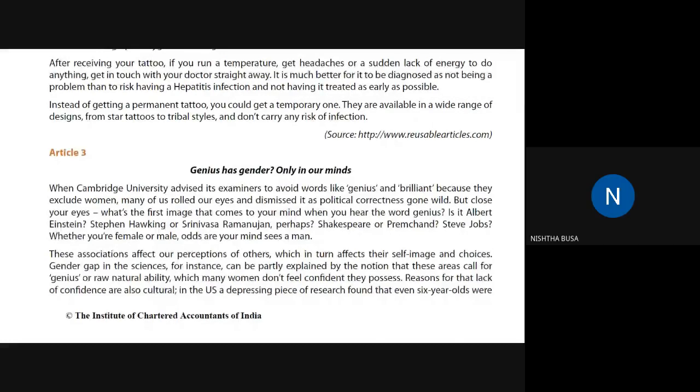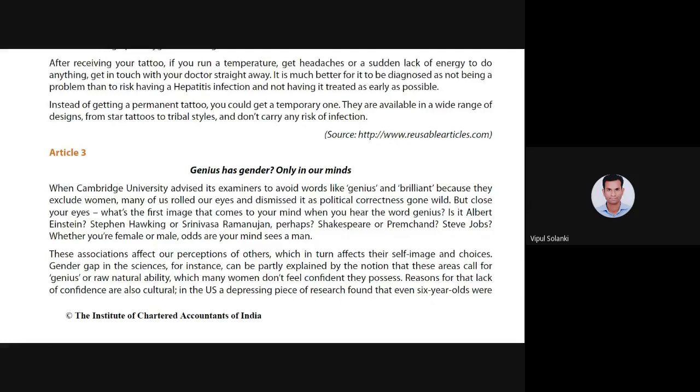I think they are talking about gender discrimination. Right? Fine. Very well. They are talking about gender discrimination. Devansh also pointed out it is about gender equality. Right? So those people who are intelligent, those who are skilled, those who are geniuses, they don't have gender. Anybody, any woman, any man can be successful. This gender ideology is only in our mind. Right? It is only in our mind.